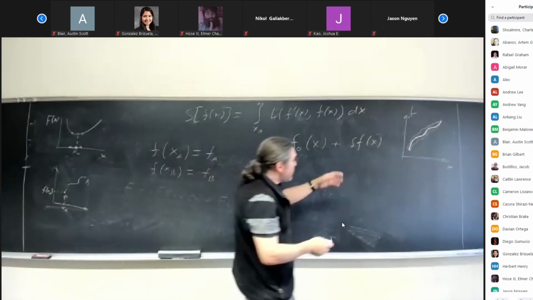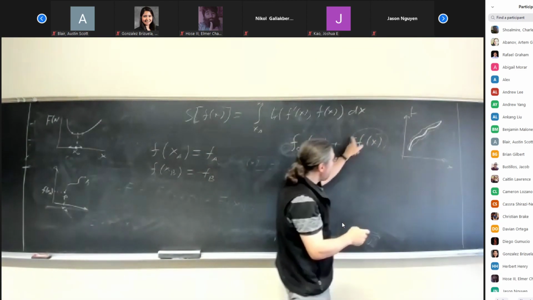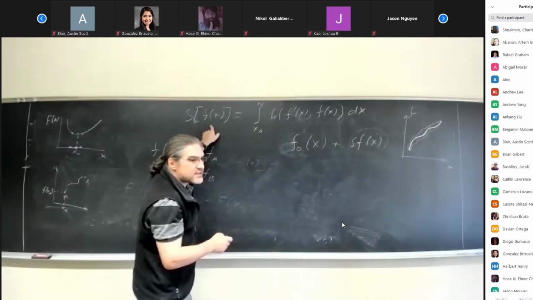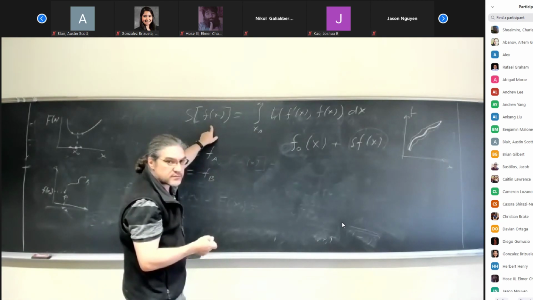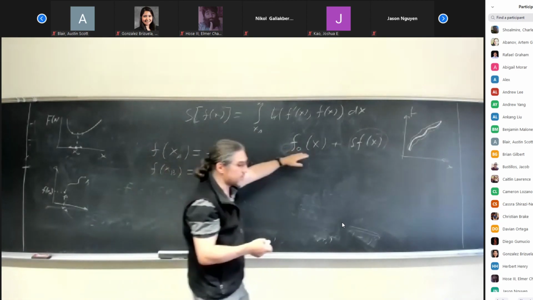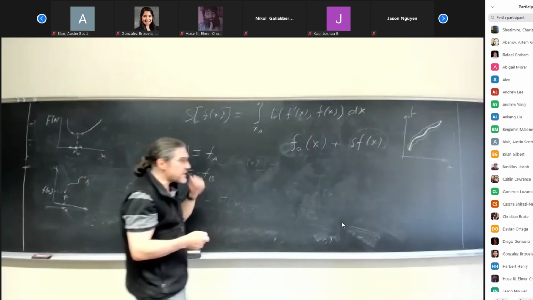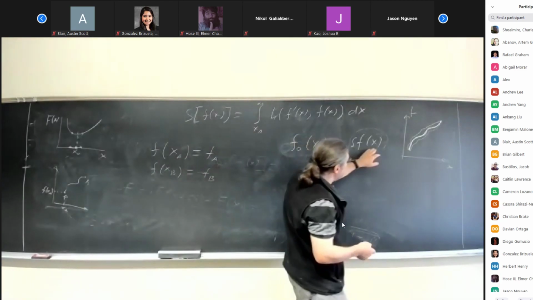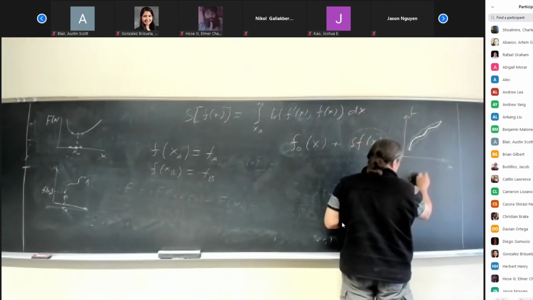And no matter what delta f is, if this is a minimum, the value of my functional must increase. Right? Because that's the minimum. That provides me with the minimum. So that's exactly what I'm going to do. Now, in order to do that, I also notice that delta f is a function, and it has the following boundary conditions.